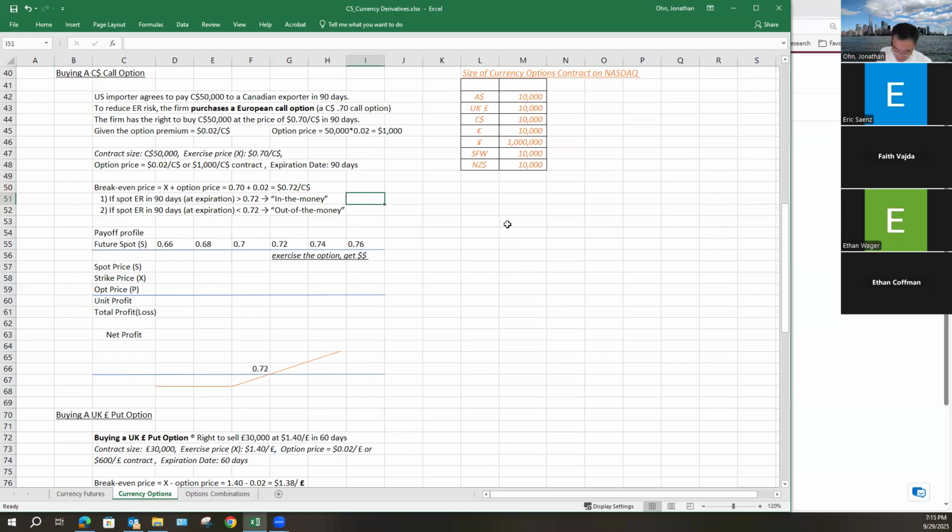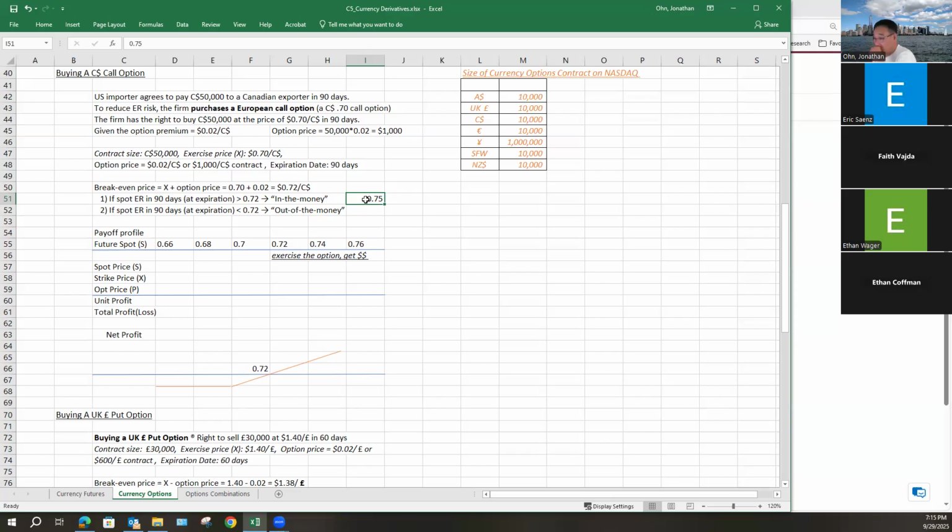If the future spot rate in 90 days is 75 cents, what does that mean? In the future, in 90 days, the market price is 75 cents, but you have the contract price of 72 cents, including the option price. You have the right to buy at 72 cents, including the option price. So you are in the money. That's why it is called you are in the money.